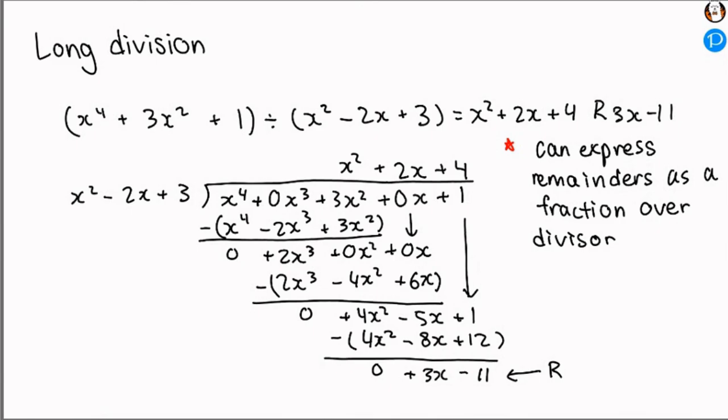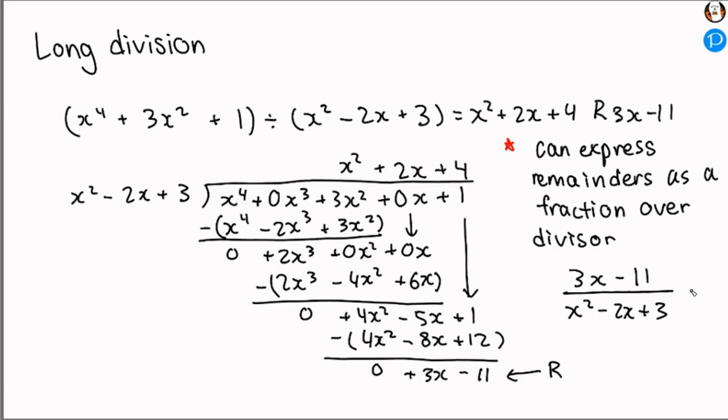When there is a remainder, you can express it as a fraction over a divisor. So, for example, we have a remainder of 3x minus 11 in this question, and we can express it as a fraction over the divisor, which is x squared minus 2x plus 3.